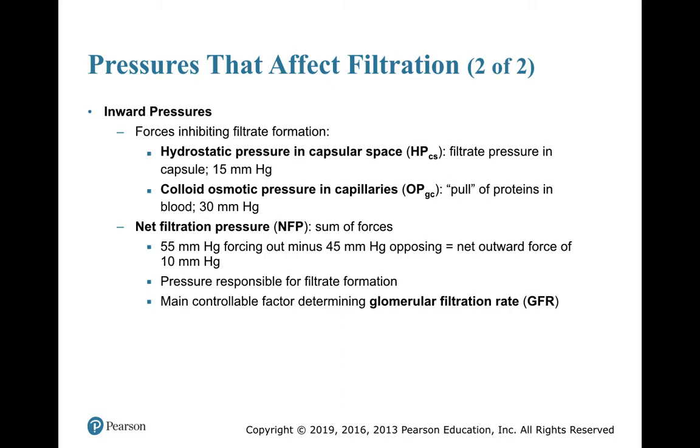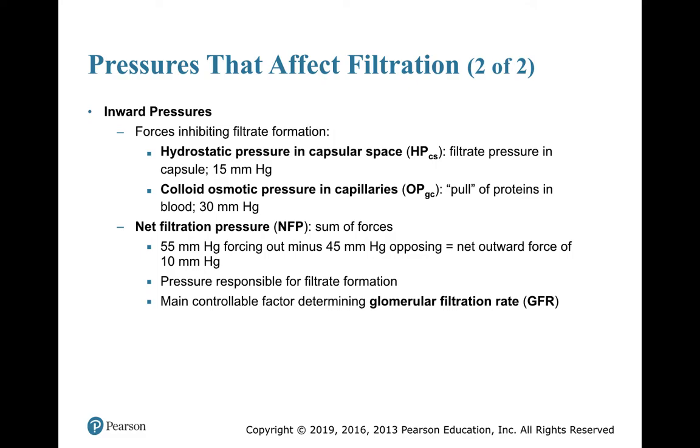The inward pressures, so that we don't push everything into the capsule, are the hydrostatic pressure in the capsular space, that filtrate pressure in the capsule, which adds up to about 15 millimeters of mercury, and the colloid osmotic pressure, that's the pull of proteins, the difference in osmolarity between the two places, and that is about 30 millimeters of mercury.